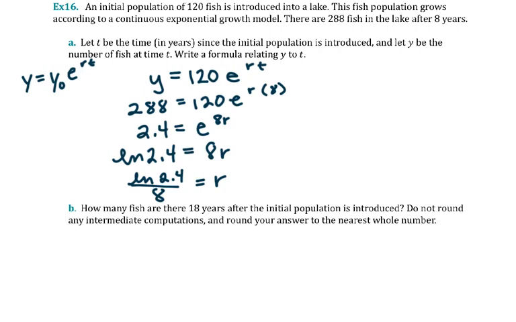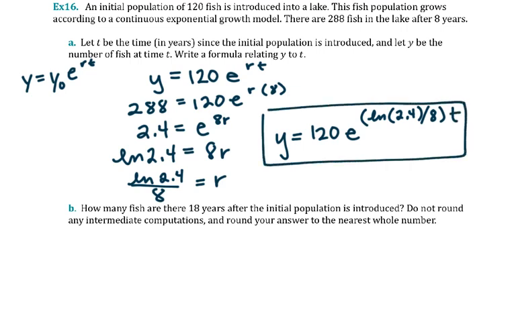So what we end up with, that is my rate. If I want to write my function, I could say y equals 120 e, and then my rate is the natural log of 2.4 divided by 8, times t. So if we wanted to know how many fish there are 18 years after the initial population is introduced, we would just plug the 18 years in.